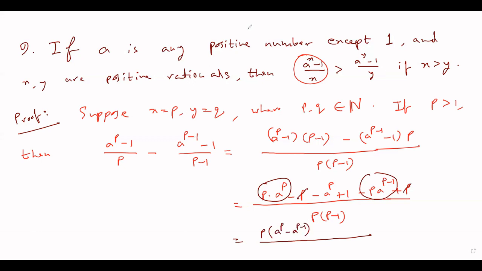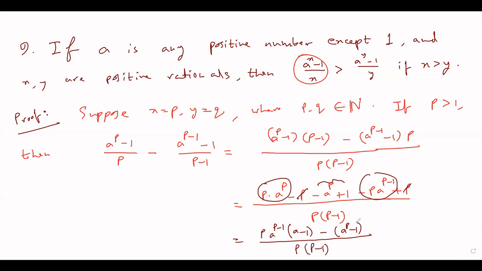In fact, there are more common factors. a to the power p minus 1 is also common, so we are left with a minus 1. And we have here minus a to the power p minus 1, and we have p times p minus 1 here.